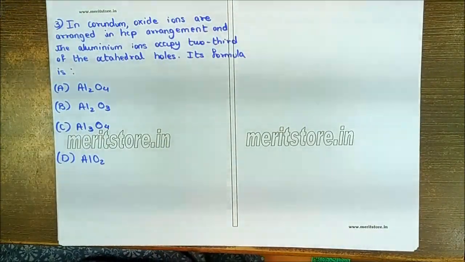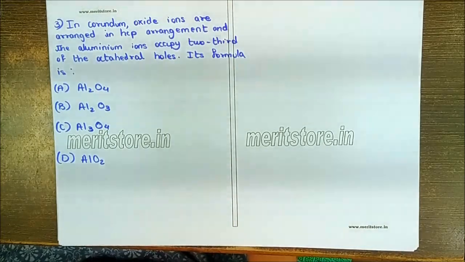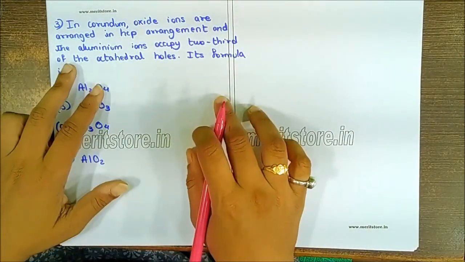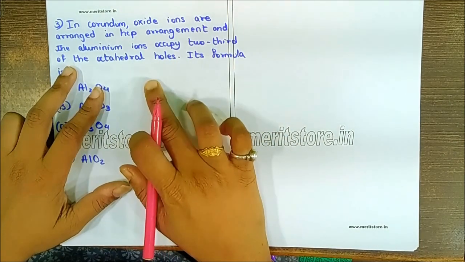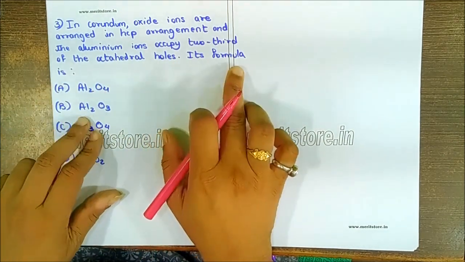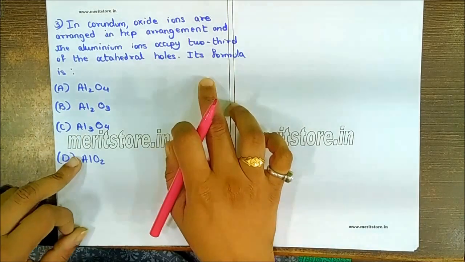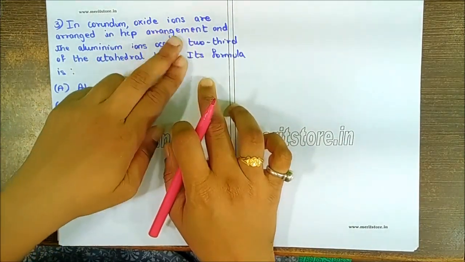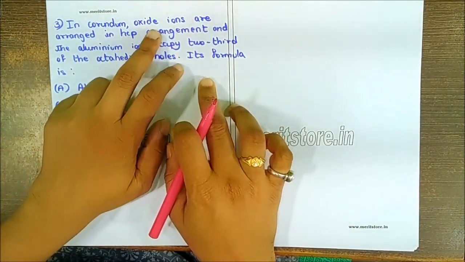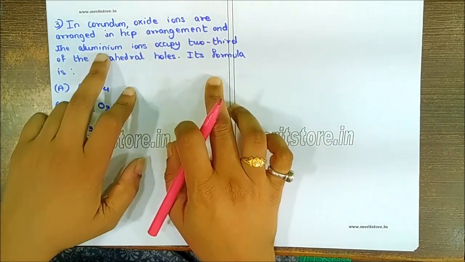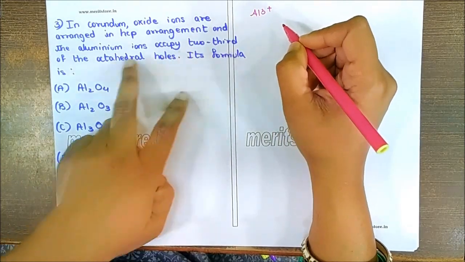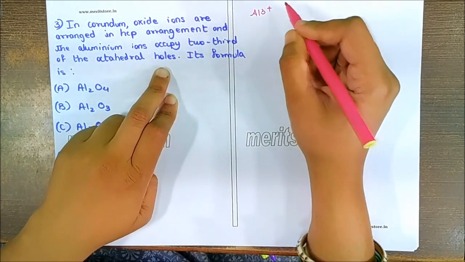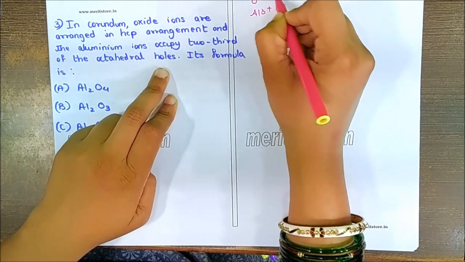Question number 3 is, in corundum, oxide ions are arranged in HCP arrangement and the aluminium ions occupy 2/3 of the octahedral voids. What is the formula? And the options are given. So if the arrangement is formed by the oxide ions, then Al3+ ions occupy 2/3 of the octahedral voids.